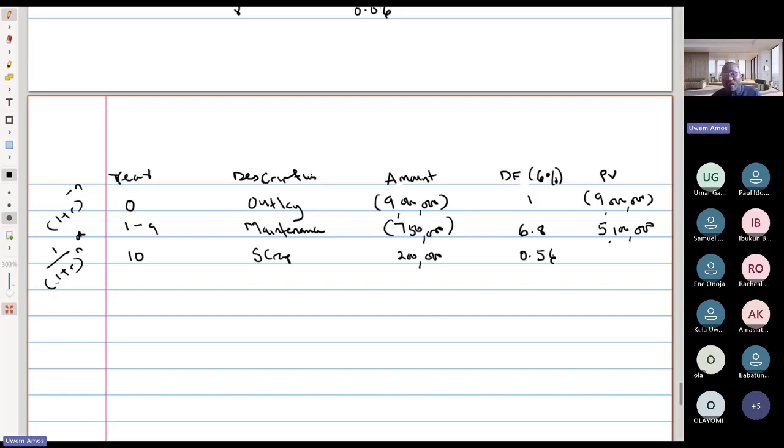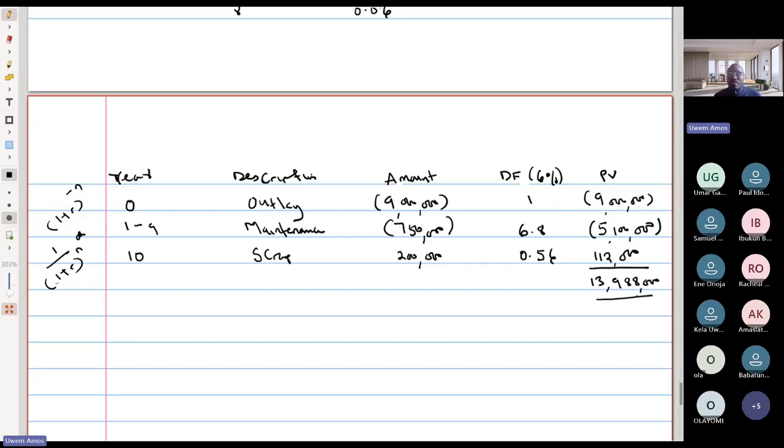Okay, so multiply 0.56. Okay, so this maintenance cost, so it's an outflow. 0.56 by 200,000, 112,000. So you have a total of 13,988,000.